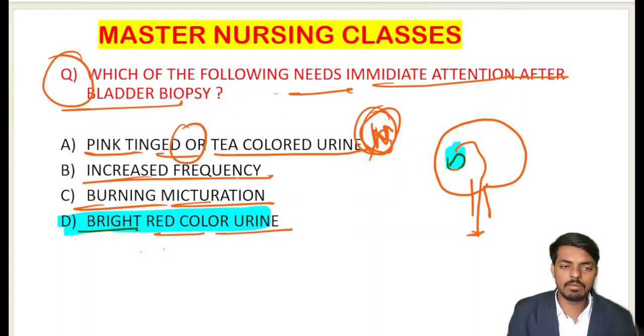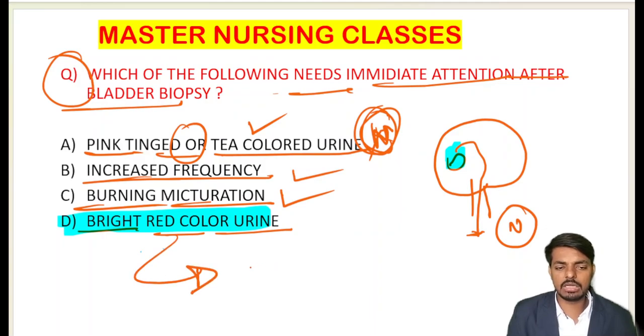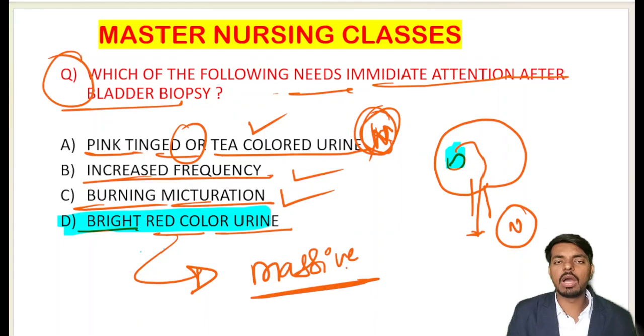For the first 24 to 48 hours, pink-tinged or tea-colored urine is normal after a bladder biopsy, and the person may feel increased frequency also. While urinating, the clot will irritate the urethra, so there is burning micturition also. If there is bright red colored urine, that indicates massive bleeding from the bladder, so that needs immediate attention.